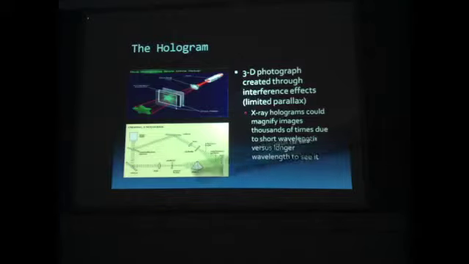If you use X-rays to make the hologram and then use visible light to look at it, that in itself would make the image much, much bigger. So an X-ray hologram could make perfect holograms of cells and the like because of this magnification effect. This happens because of longer wavelengths.